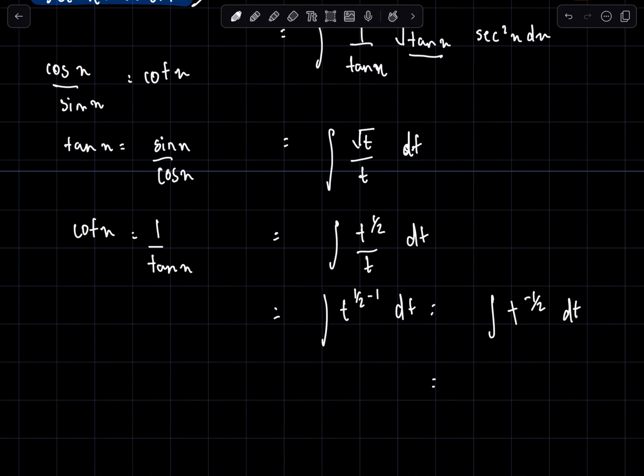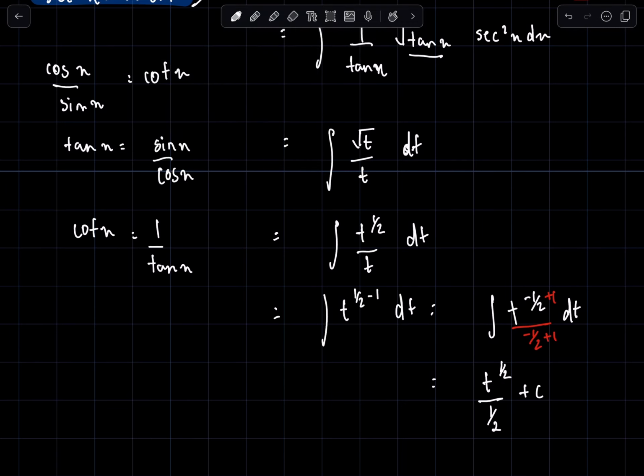Now let's do this. So this will be plus 1. Okay, so plus 1 means half, divided by half plus c. For those who are asking what that means: minus half plus 1.